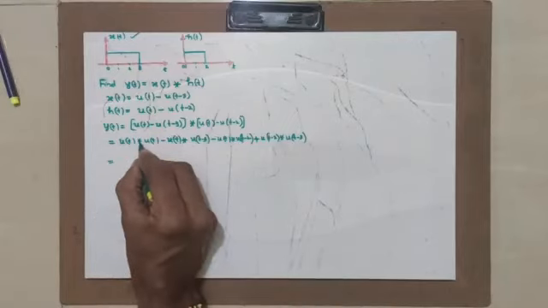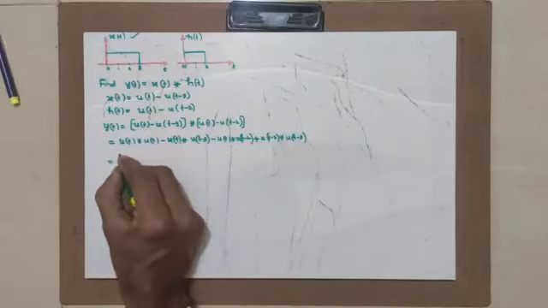Now u of t needs to be convoluted with u of t. You already know what convolution is.